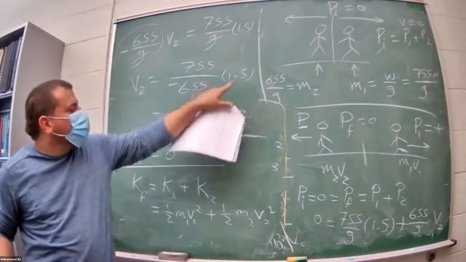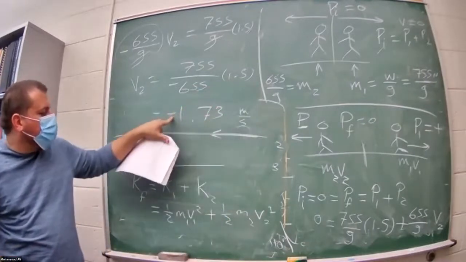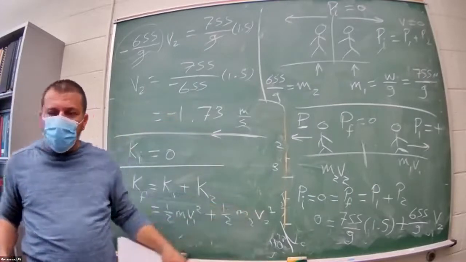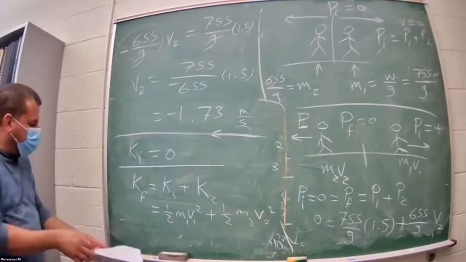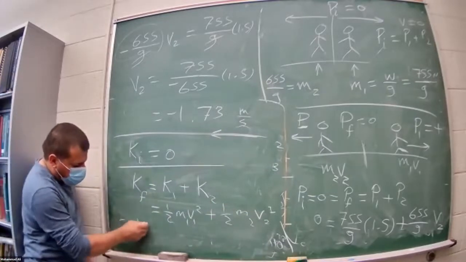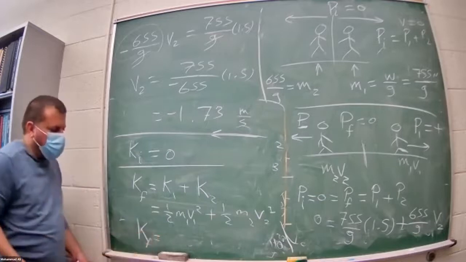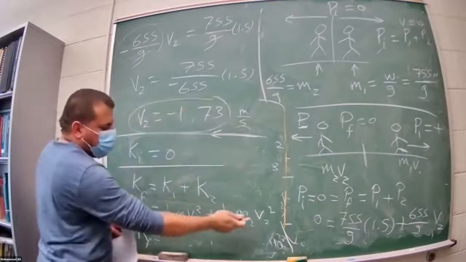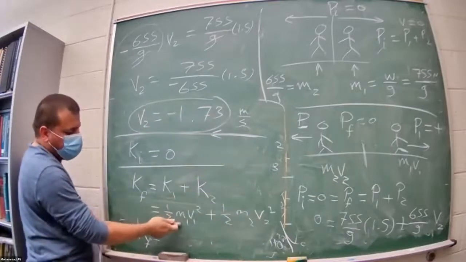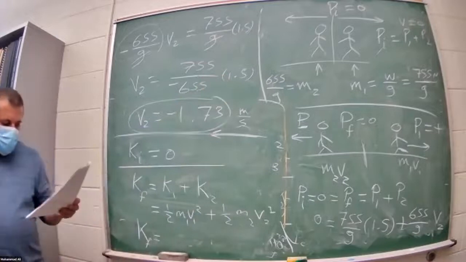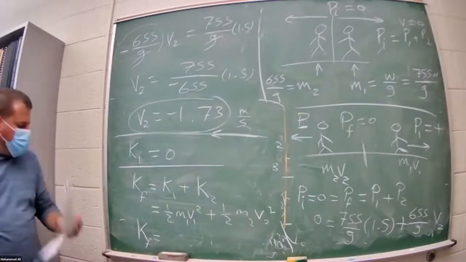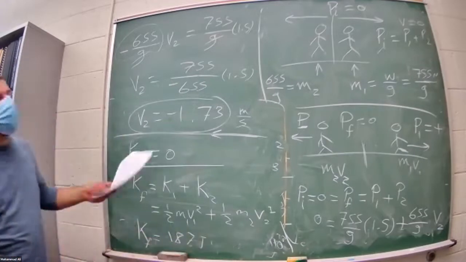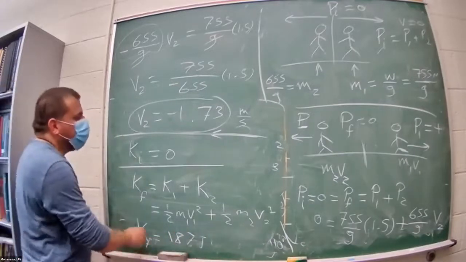We have 1.5 and 1.73 with a negative sign, but the negative sign will be positive after squaring. Then the total kinetic energy finally, using V1 and V2 with the given masses, will be equal to 187 joules.